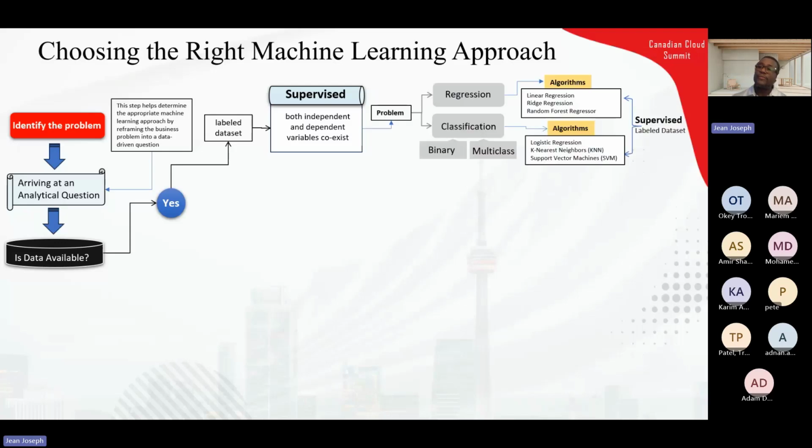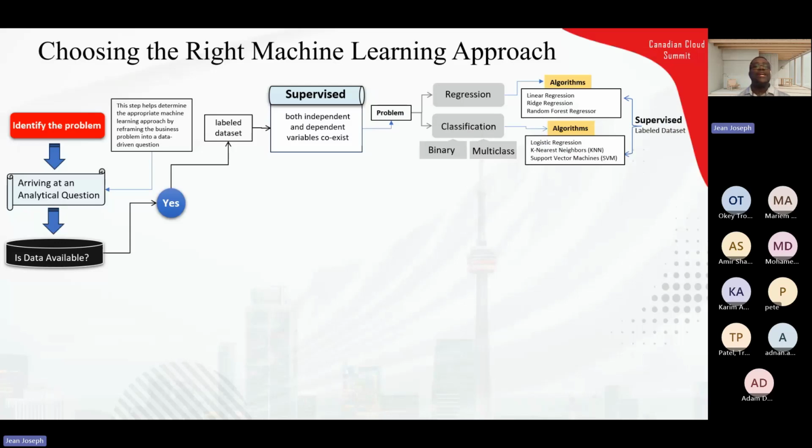In other words, in supervised machine learning, we deal with two types of problems, either regression or classification, and understanding the differences is key to choosing the right approach.